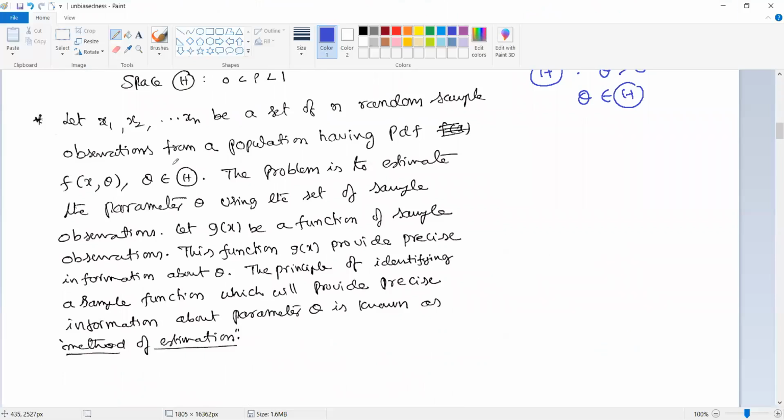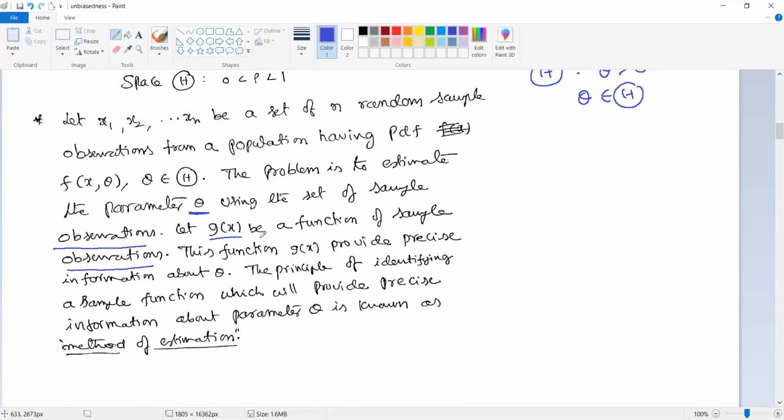Now, let x1, x2, ..., xn be a set of n random sample observations from a population having PDF f of x comma theta, where theta belongs to the parametric space, already defined. The problem is to estimate the parameter theta using the set of sample observations, called a statistic. Let g of x, or T, be a function of sample observations; different notations may be used.